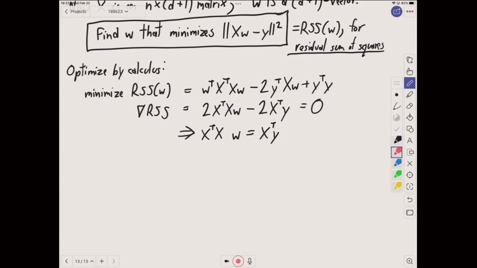Now, what I want you to notice about this is, first of all, x transpose x is a square matrix. It's a d plus 1 by d plus 1 matrix. Second of all, W and x transpose y are both vectors of length d plus 1.